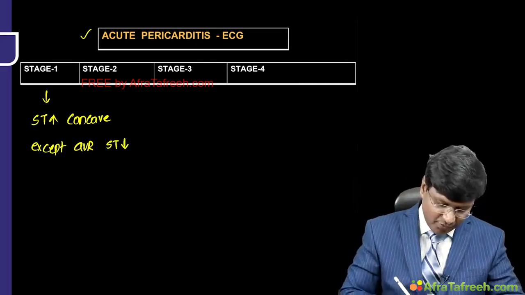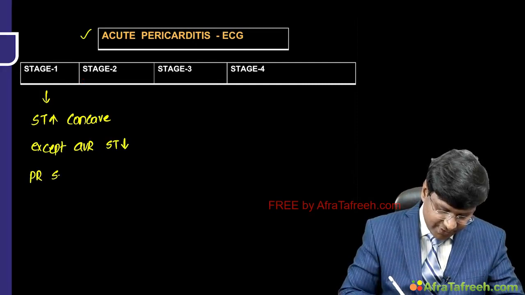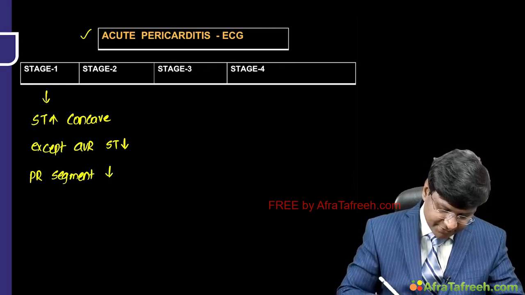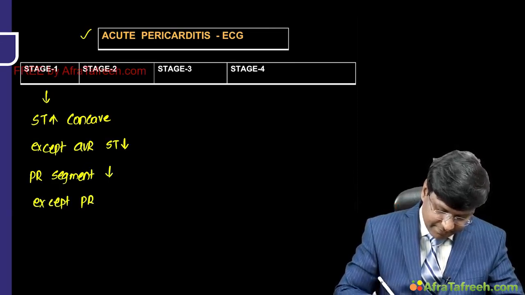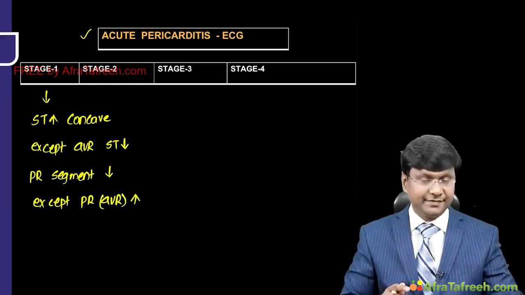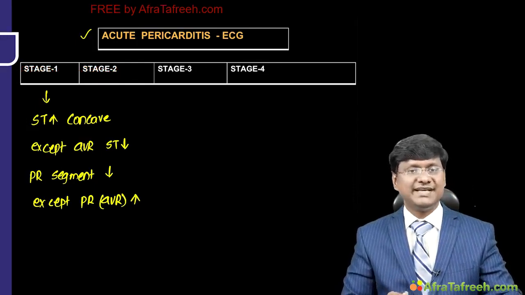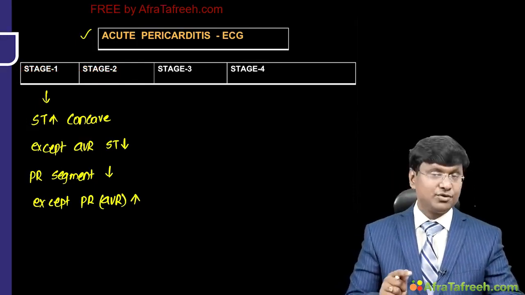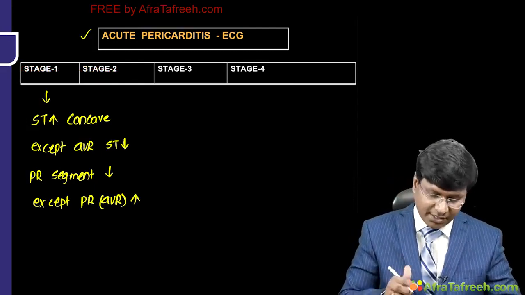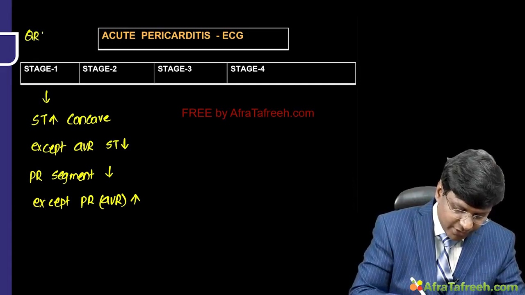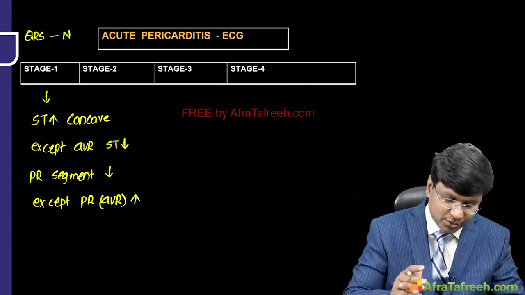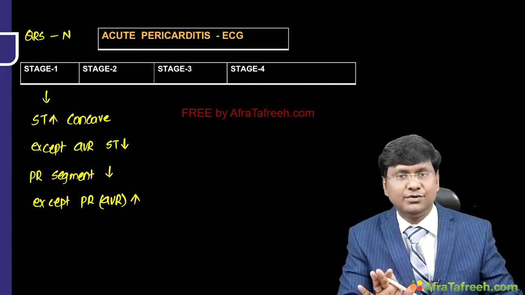You have global PR segment depression, except in AVR, where there will be PR segment elevation. That is what you will observe in stage 1. What about the QRS complexes? Remember, there is no abnormality; the QRS complexes remain absolutely normal.